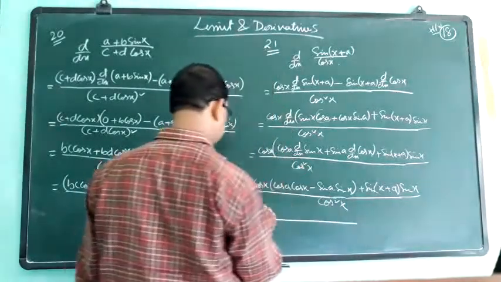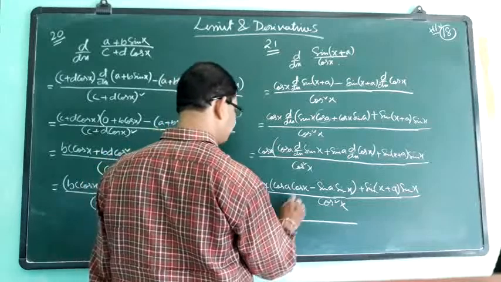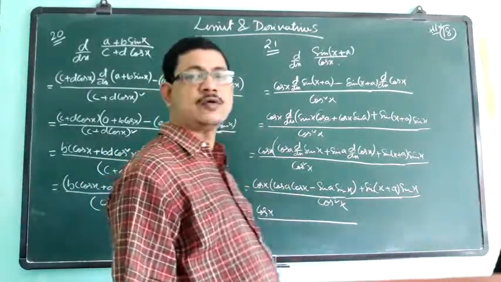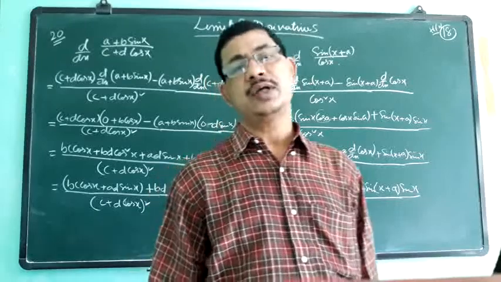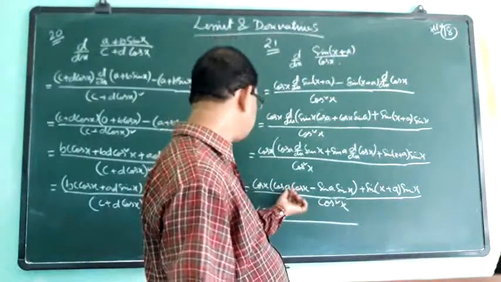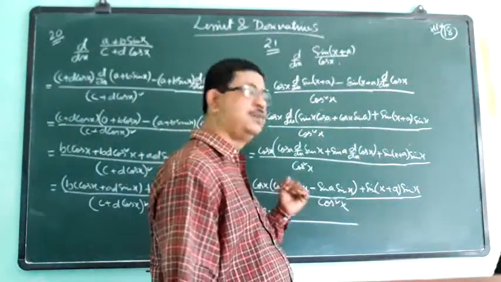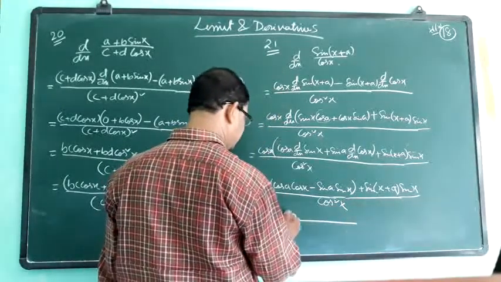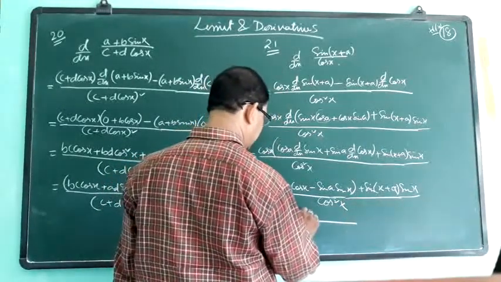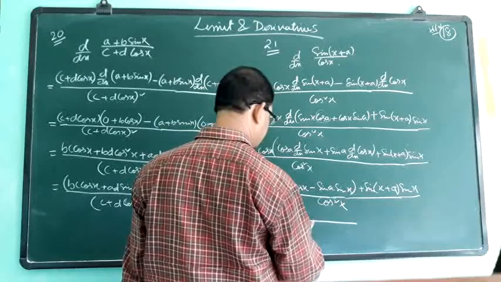So what do we get? Cos x. This is cos a cos b minus sin a sin b, which is what? Cos a plus b. So if we consider this one a, this one b, cos a cos b minus sin a sin b, so your answer should be a plus x or x plus a.